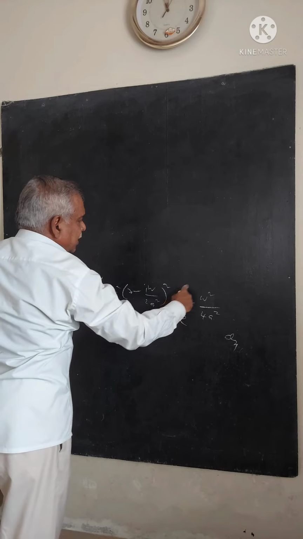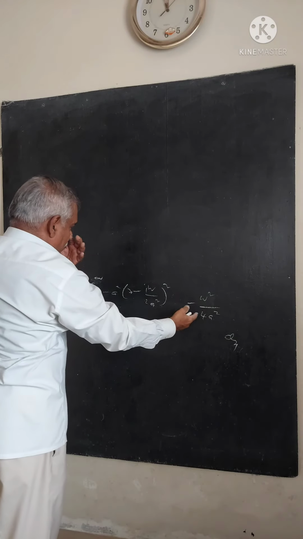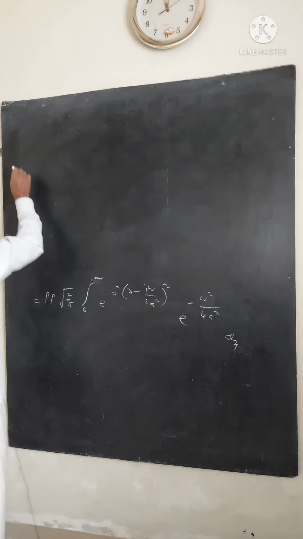Therefore, in this place, no x is there, so we are taking it out: real part of e power minus omega square by 4a square, times real part of root of 2 by pi, integral 0 to infinity, e power minus a square x minus i omega by 2a square whole square, dx.